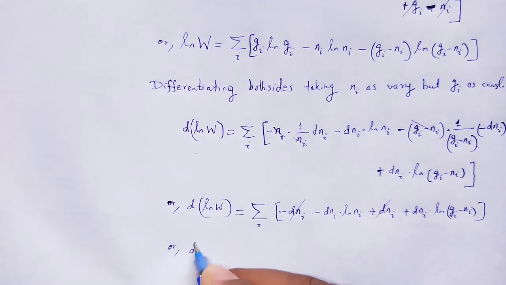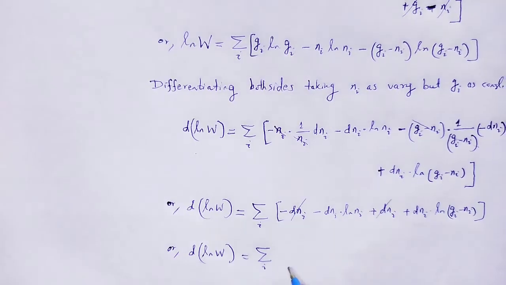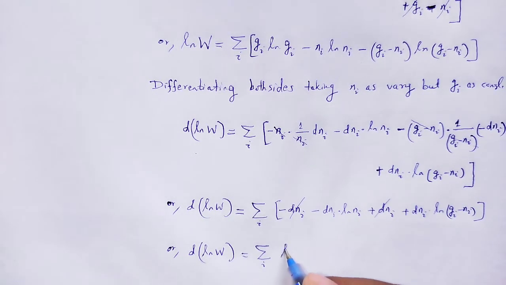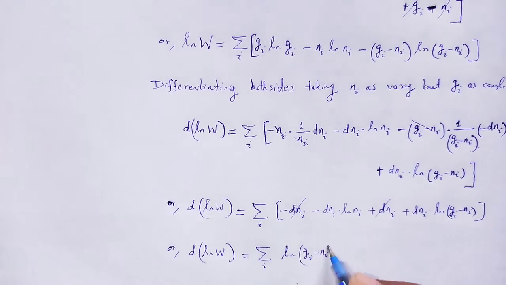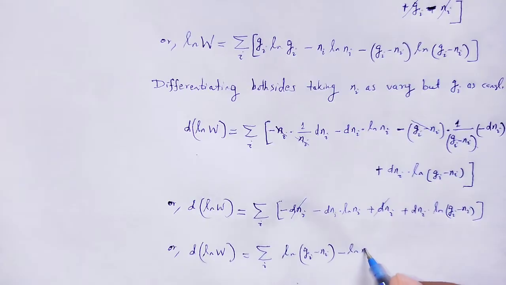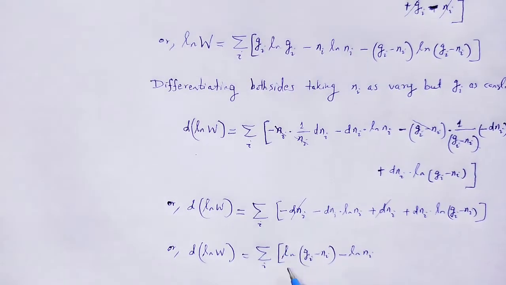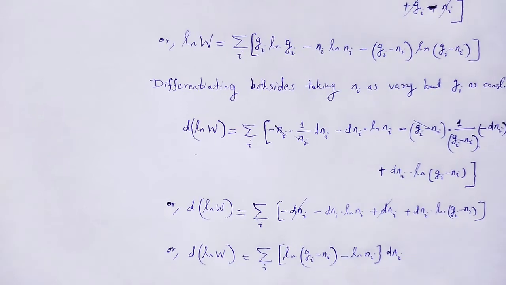Or d of ln W is equal to summation over i of [ln (Gi minus Ni) minus ln Ni] with common dNi.